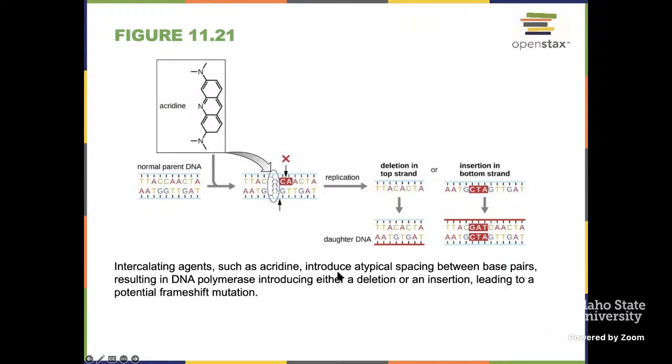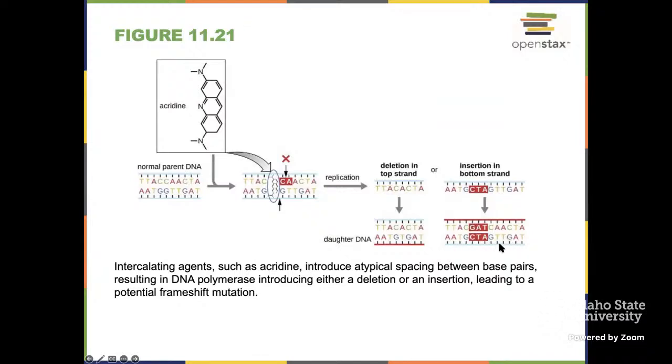It also can get in and serve as an intercalating agent. So when they get into the DNA, it basically takes the space of a nitrogenous base pair. It removes them, if you will, insertions or deletions, as we talked about before. So that's what we've got here, a deletion or an insertion.